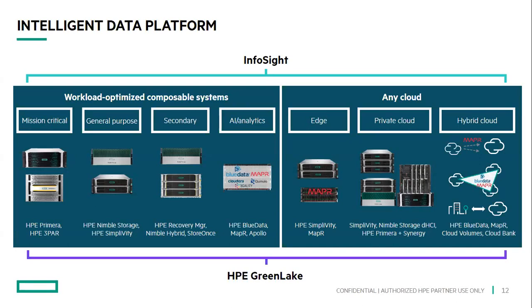At the edge, meaning any sort of ROBO, campus, or branch offices, we can go for SimpliVity, because SimpliVity is specifically designed for SMB or small to mid market, and all of your virtual machines at the edge level would be managed by a SimpliVity cluster, with a minimum cluster of 2 nodes.